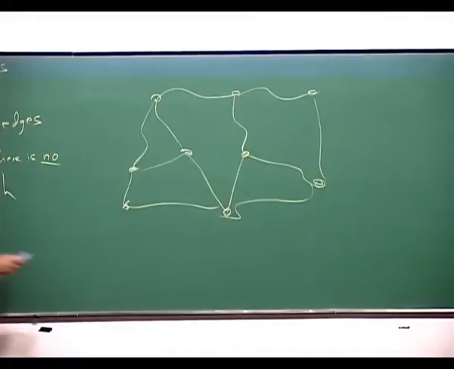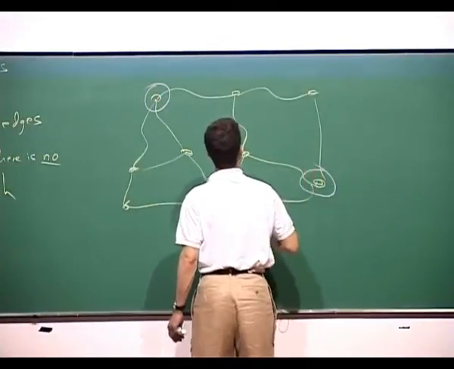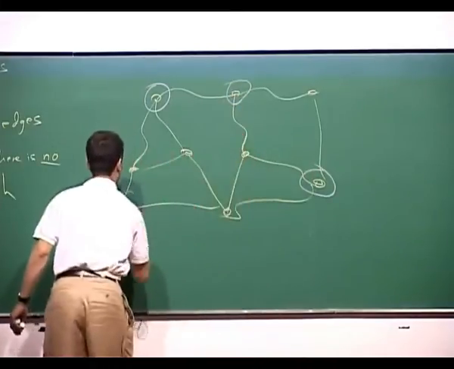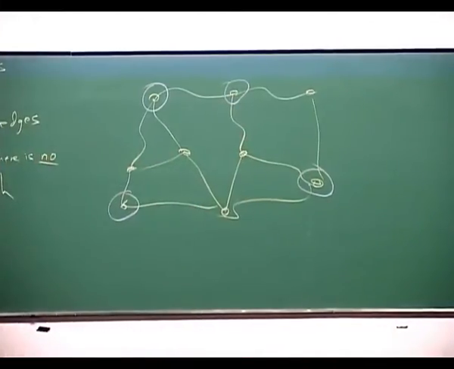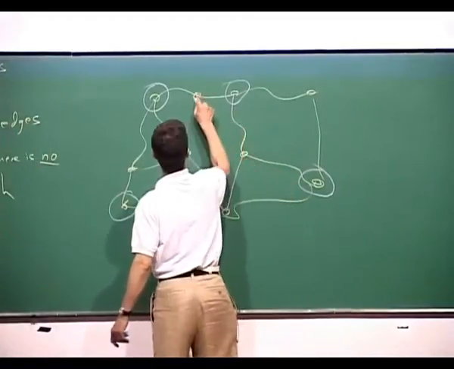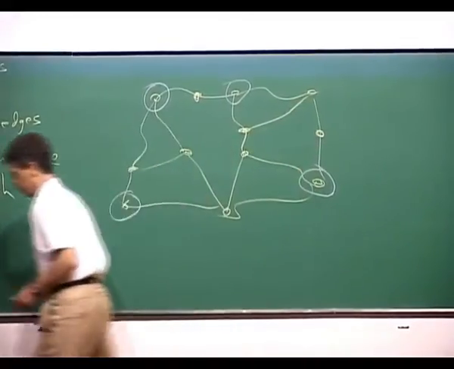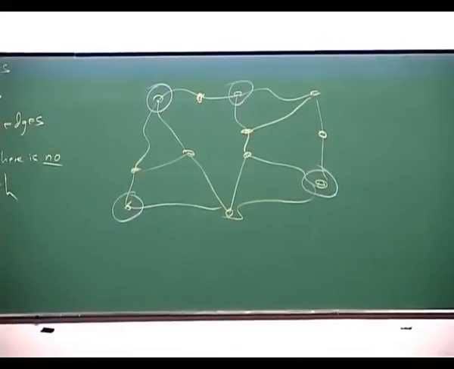We'll assume that there are some weights here. And we have some terminals. Let's add some more nodes in here. Okay, so this is an example instance.